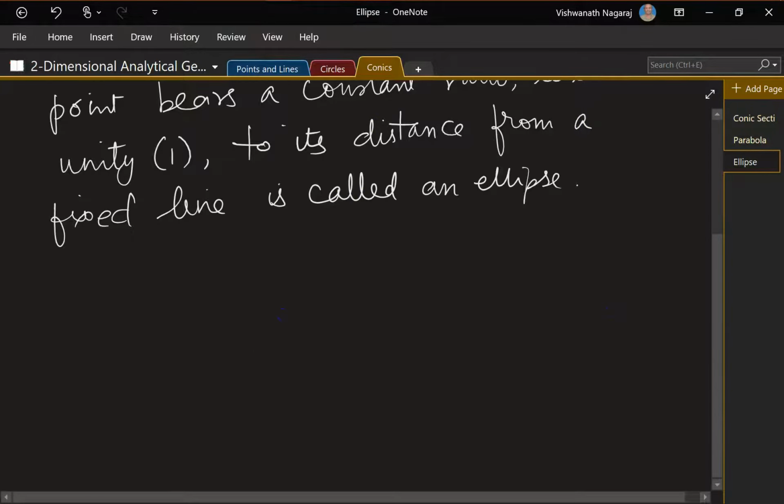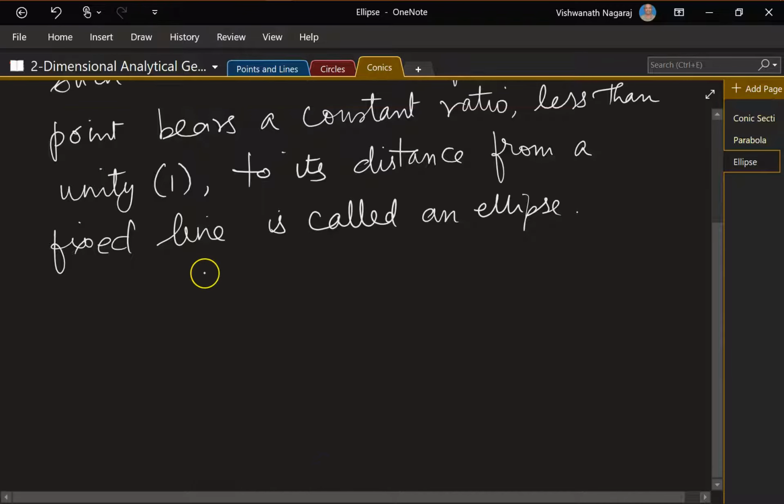And the equation of the ellipse is x square by a square plus y square by b square equal to 1. Here the important thing is a has to be greater than b. This is the simplified version of the bigger equation.